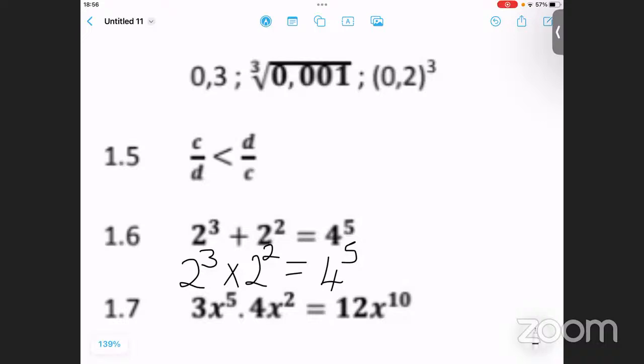Oh, no, it was not going to give you that. When you have the same base, you add the exponents. You don't do anything to the base. So it's 2 and 2, they have the same base. That means they're going to keep that very same base, which is 2, and then you add the exponents. So it was going to be 2 to the power of 3 plus 2, so it was going to be 2 to the power of 5.